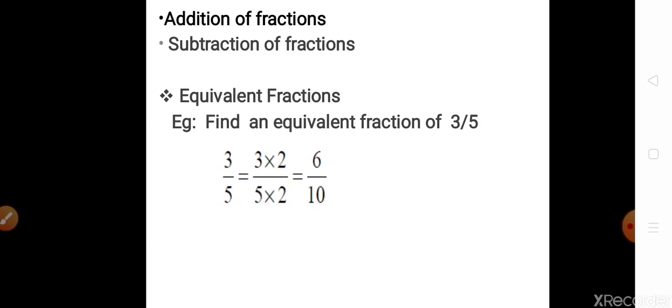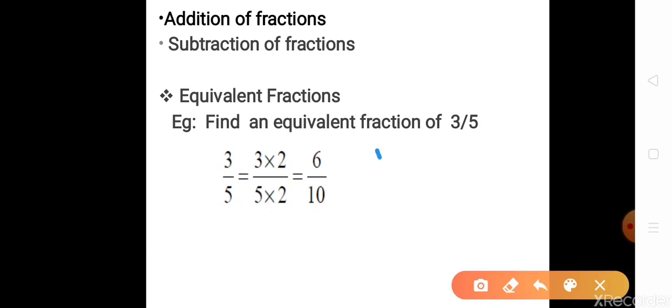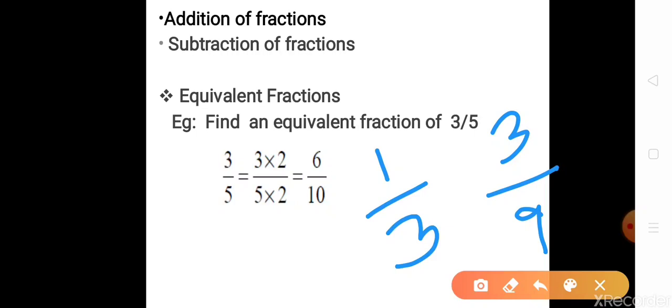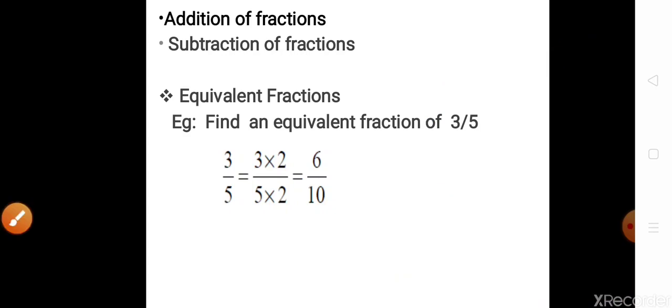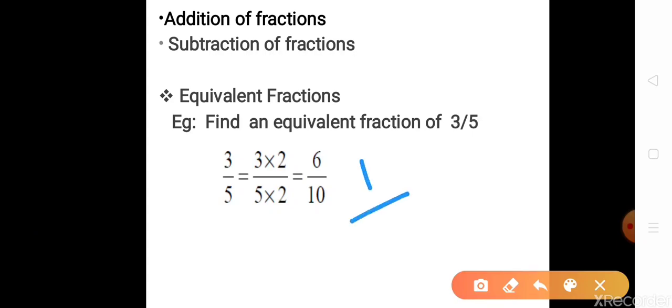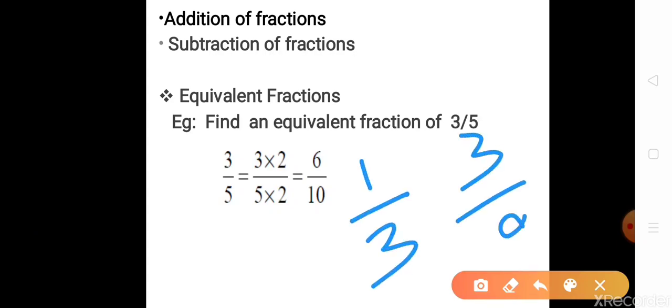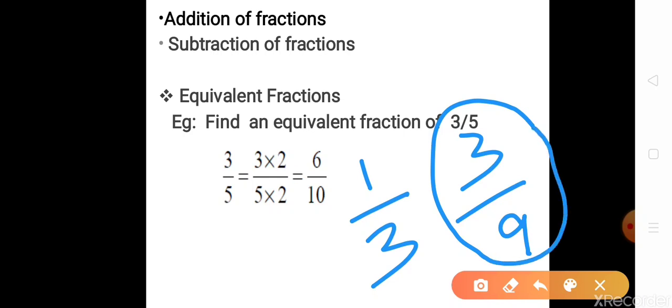For example, if I write two fractions here, let's say one is your 1 by 3, another is your 3 by 9. So if you see here properly, the numerators and denominators all are different, right? But if I divide this 3 by 9 and convert it into lowest terms, I'm very sure that you are able to understand what I'm trying to say.